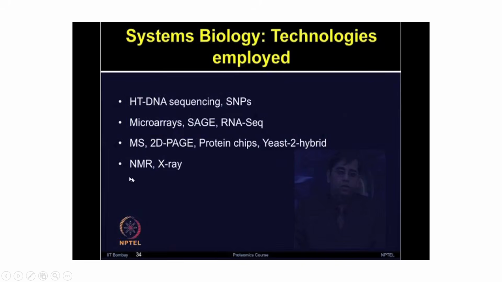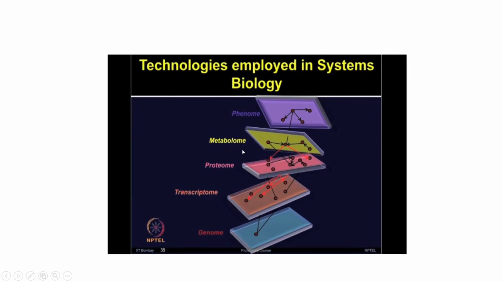This is used for metabolomics a bit, whereas these are used for transcriptomics, and these are used for genomics. So these are all technologies employed for studying system biology at different levels of the whole system: gene level, genomics; transcriptome level, transcriptomics; proteome level, proteomics; metabolomics; and there is phenomics as well.